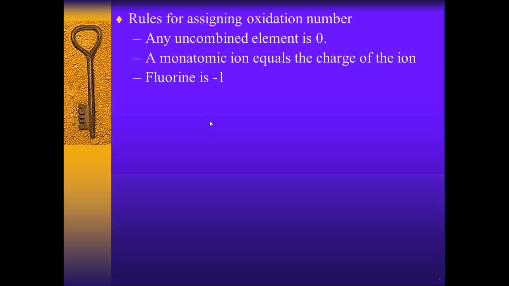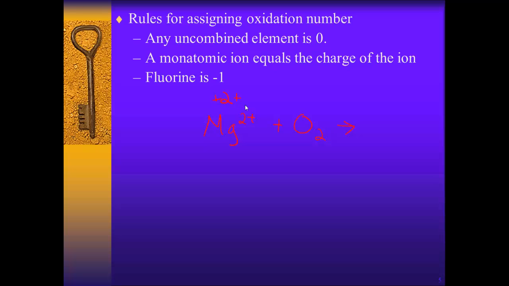If we have, let's say, magnesium combining with oxygen to make magnesium oxide, we see that magnesium here has a 2+, so its oxidation number is 2+, or we could write +2.